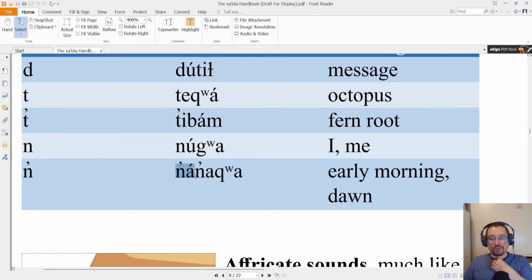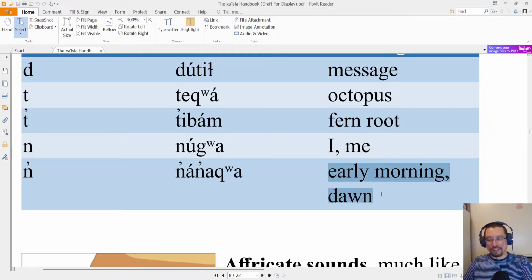If you remember from the previous videos, the glottis is the opening between your vocal cords. When there's a glottal stop, you're closing your glottis, closing your vocal cords. That's what happens before this second glottalized N. You're closing your glottis before that second glottalized N, and then saying the rest of the word.